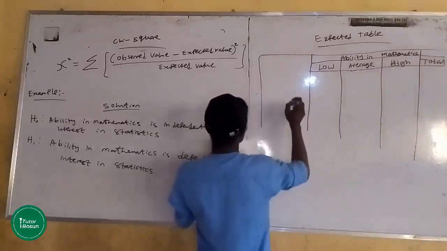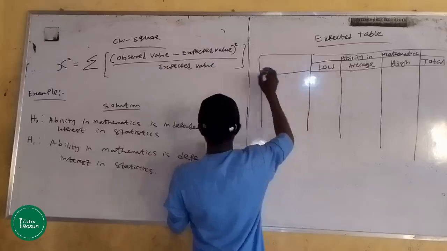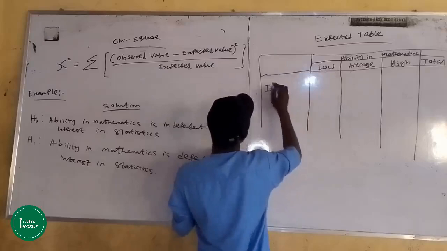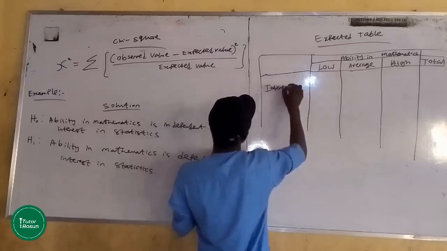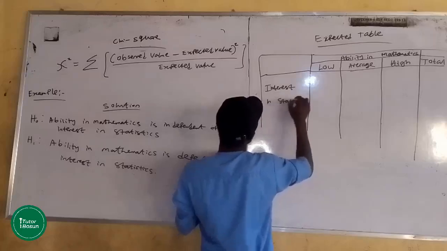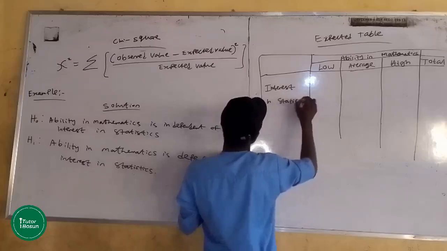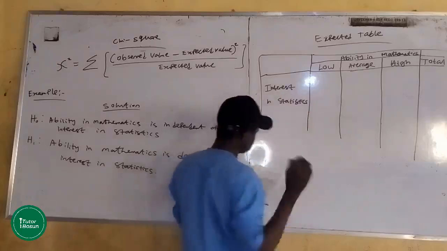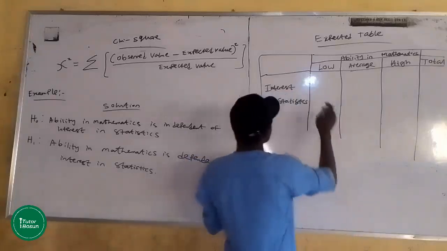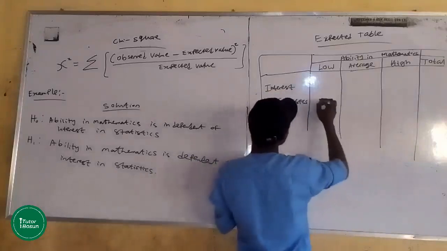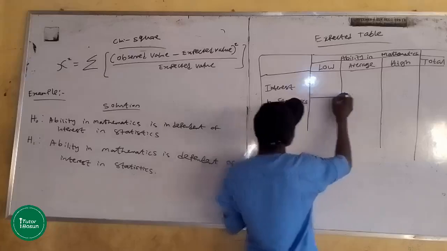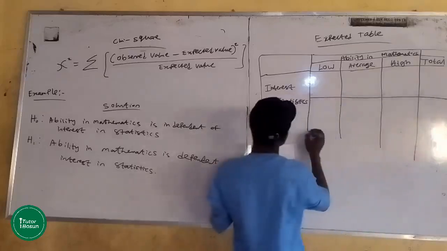Then this represents our interest in statistics. If we divide this into 3 each, here we have, let this represent this.